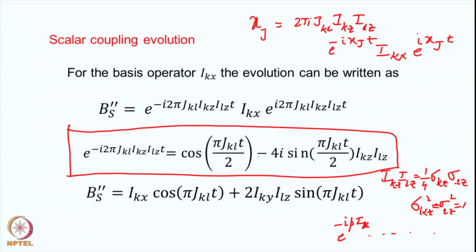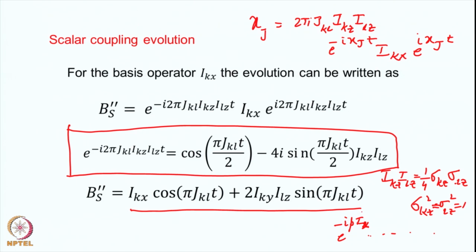Then you do the multiplication of this part Ikx and the other part with the plus sign, and you arrive at this equation: Ikx cosine pi jkl t plus 2 iky ilz sin pi jkl t. This will be the kind of equation that will come.